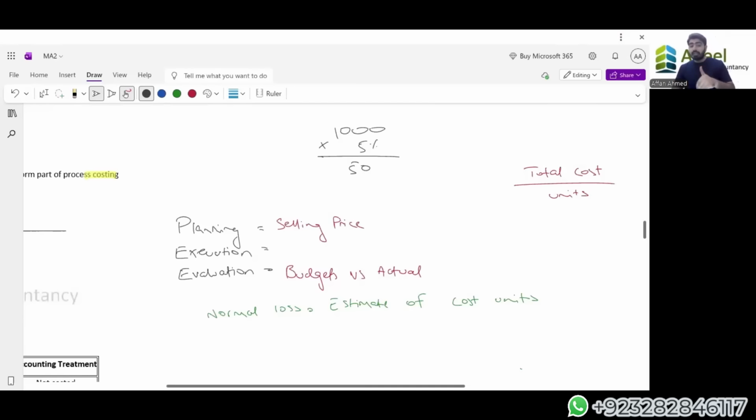Now, which stage are we at? We are at the planning stage. So again, I'm adding some additional data: normal loss is identified or estimated at the planning stage.